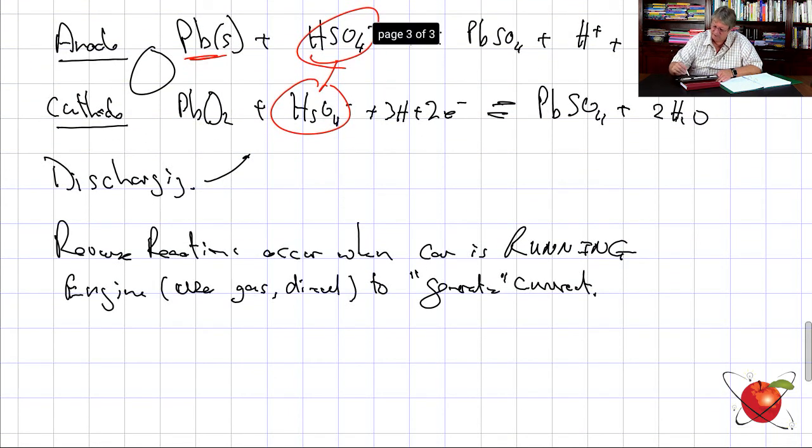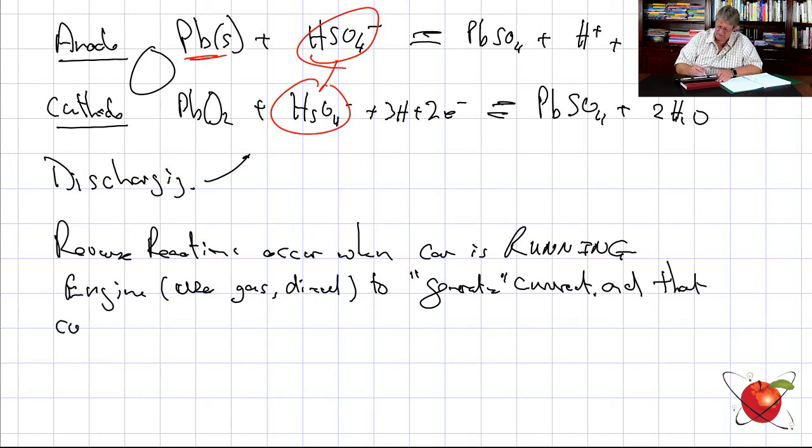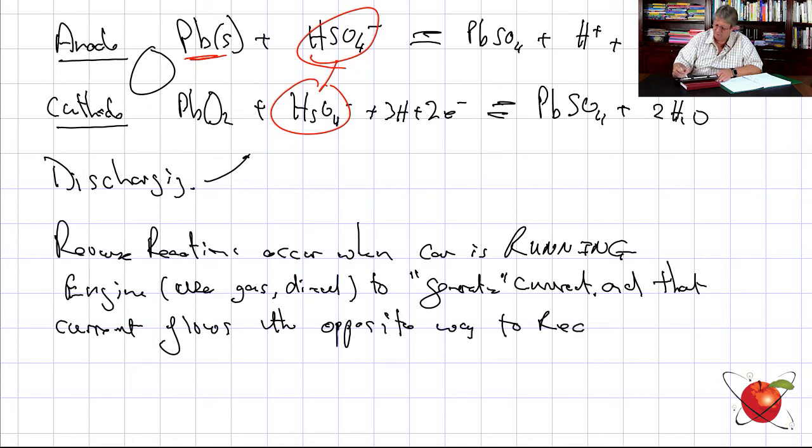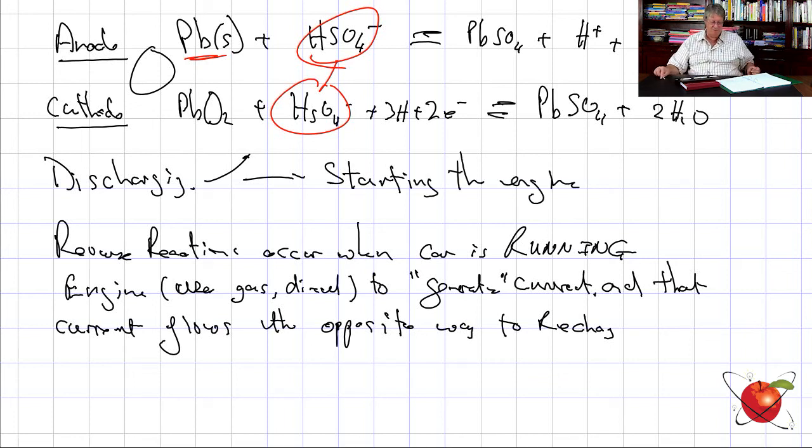And that current flows the opposite way to recharge. So when it's discharging is when we are starting the engine. And the reverse reaction is when it turns around.